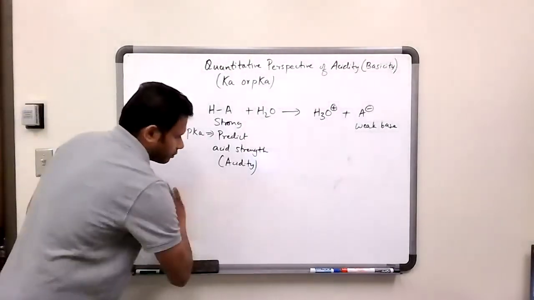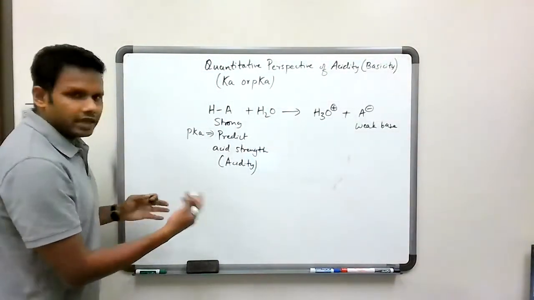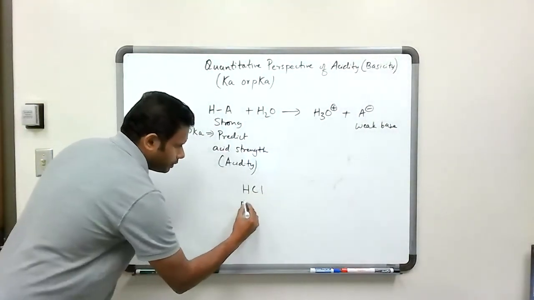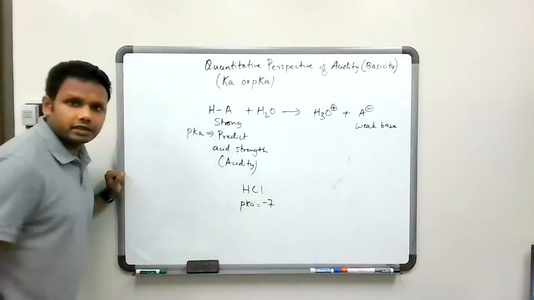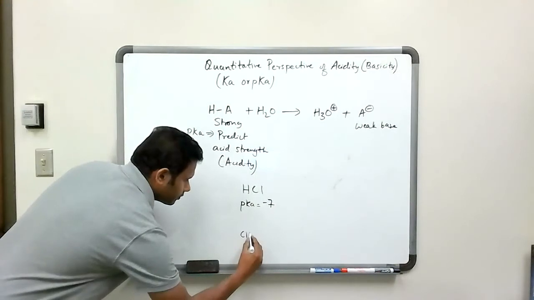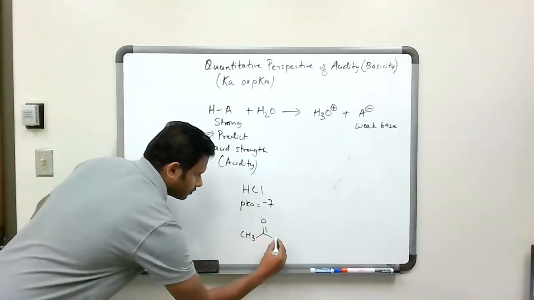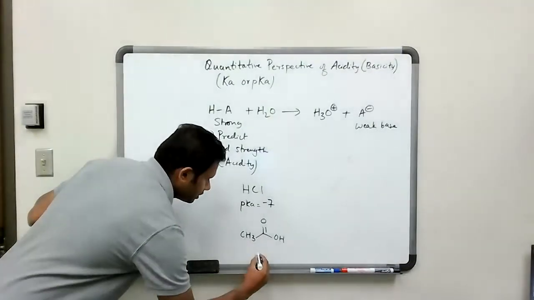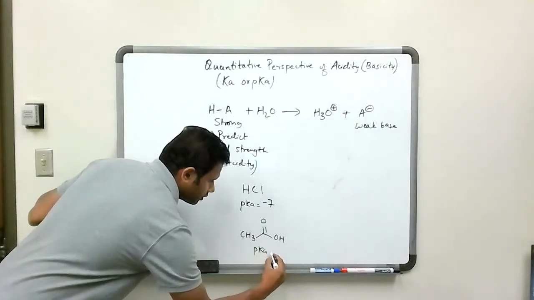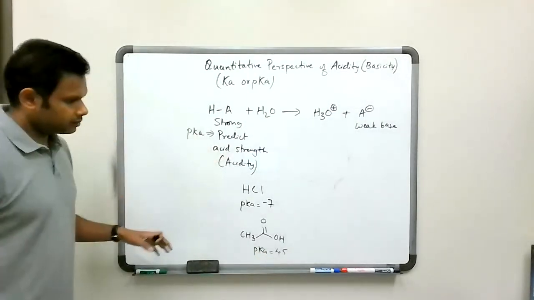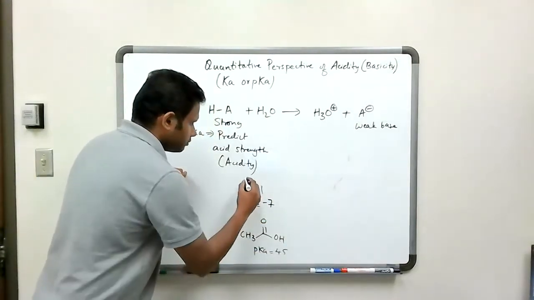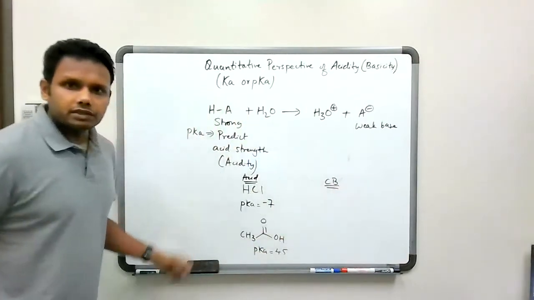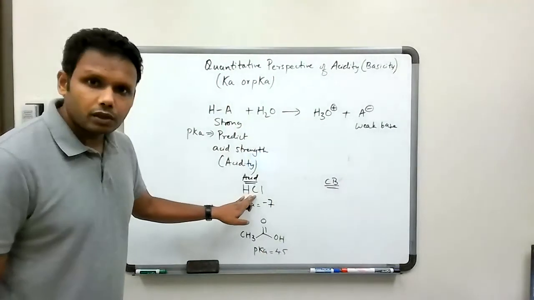So let's again apply this to HCl and acetic acid. HCl, the pKa we just looked at was -7. Acetic acid is 4.5. If I draw their conjugate bases, the conjugate base is obtained by the loss of a proton.